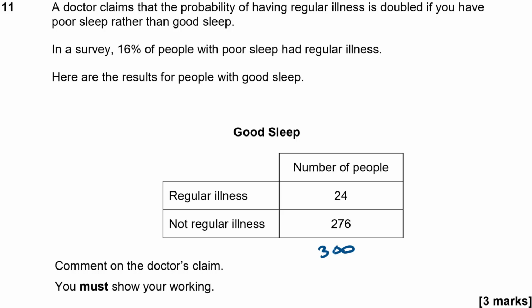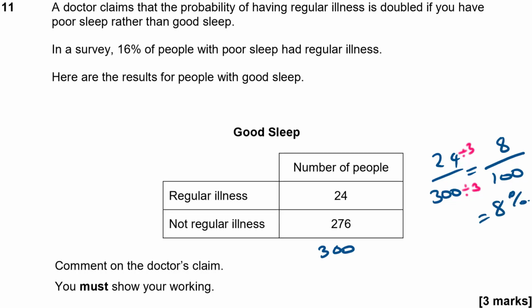So then what is 24 out of 300 as a percentage? Well, a percentage is a fraction over 100, which means I need to divide that by 3, so I need to divide that by 3 as well. So 3's into 24 go 8 times, so that as a percentage is 8%.